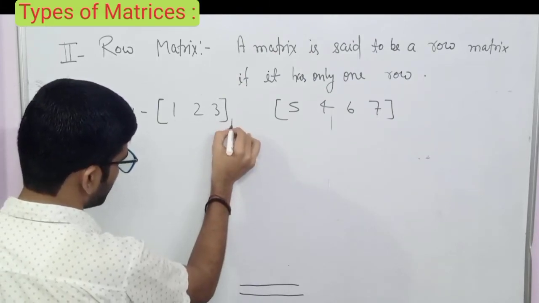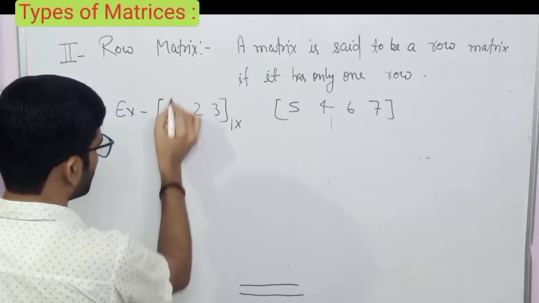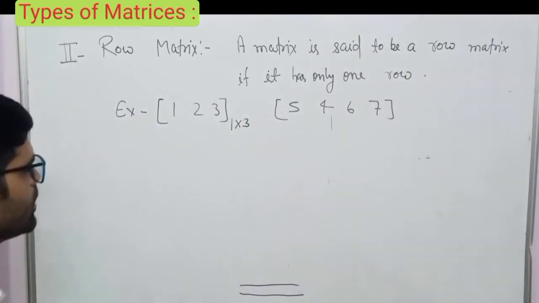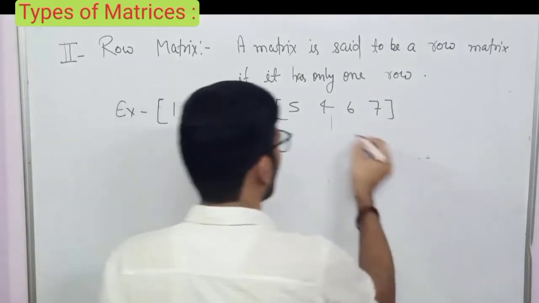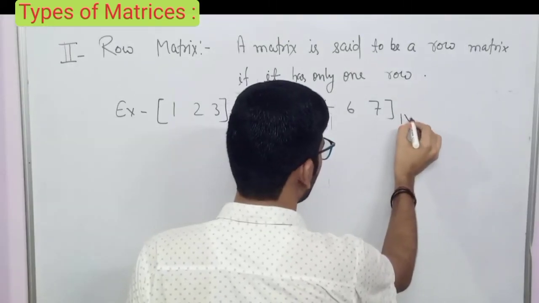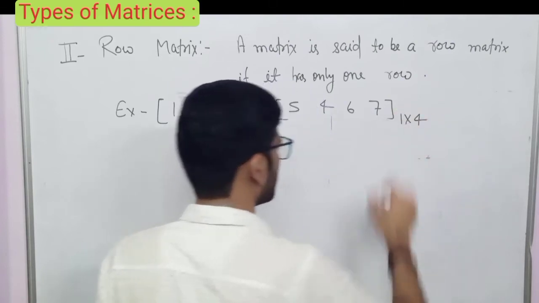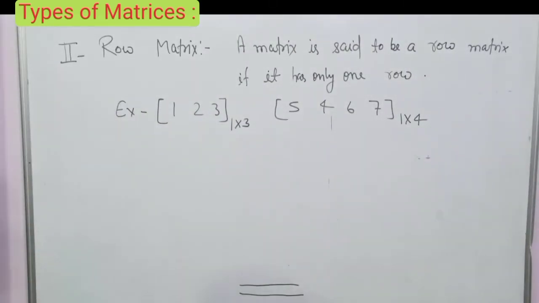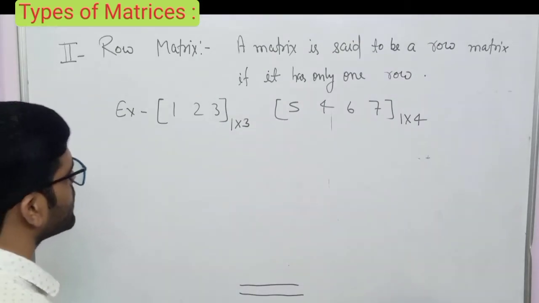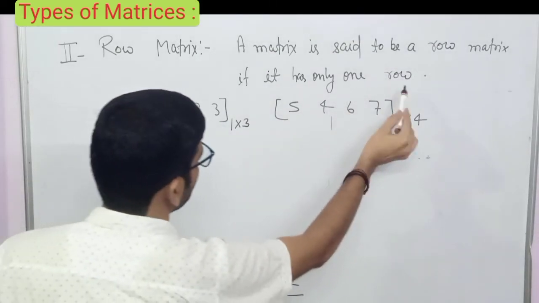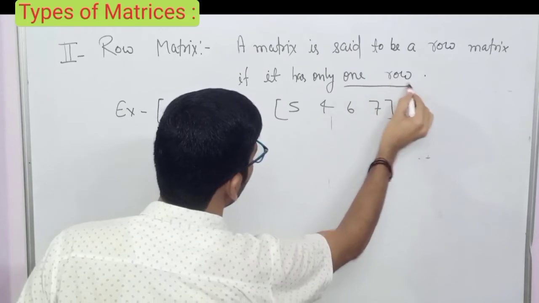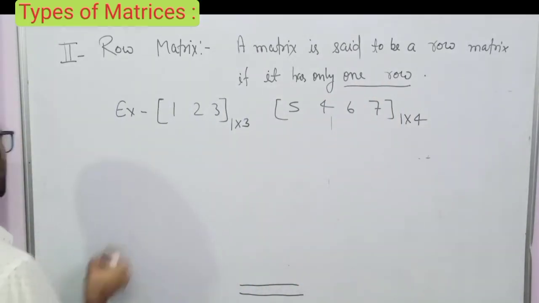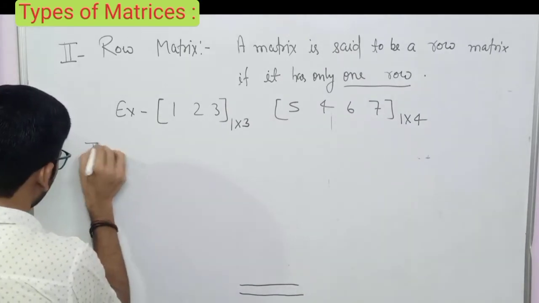So at first place 1 and second place how many columns? 1 2 3, so 1 cross 3. And here 1 cross column is 4, so 1 cross 4. So in these examples we see rows is 1, so here we write only 1 row. Okay, only 1.